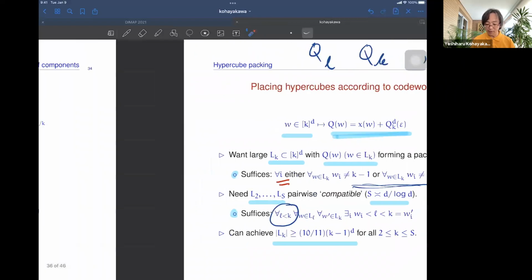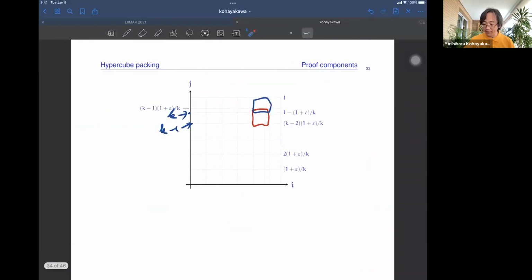One way is to do the following. So this is the picture, this is the grid for K, right? The grid for L, which is less than K, so the cubes are bigger, right?